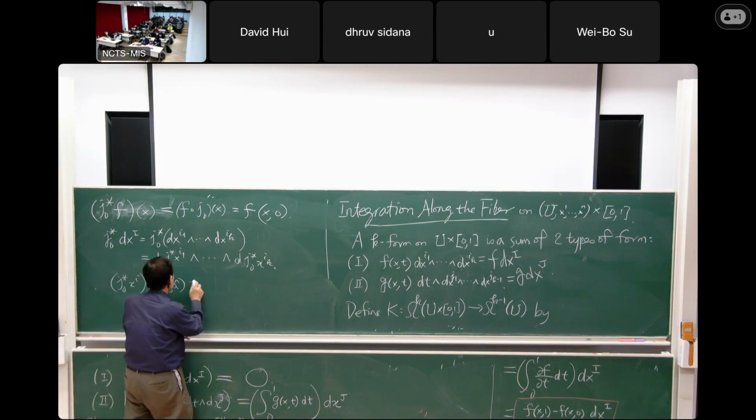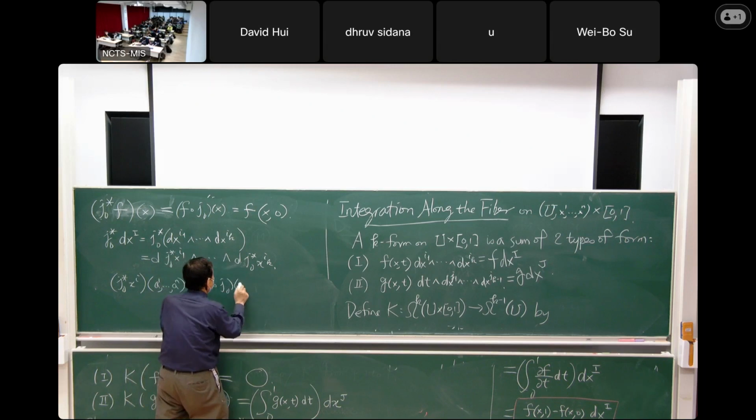It's going to be the composition, xi composed with J0, a1 to an.